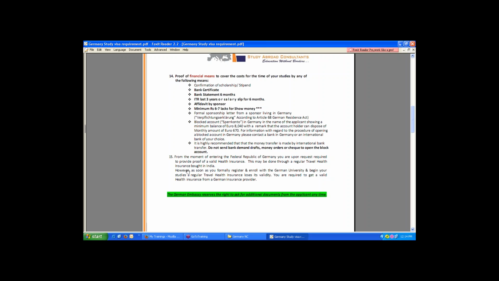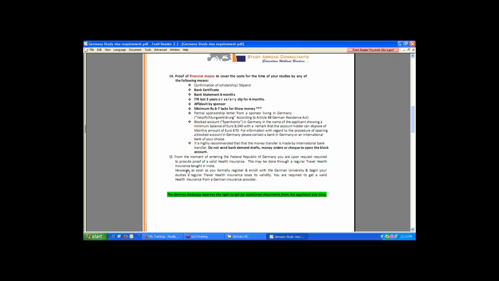The most important documents for Germany are financial documents. In case the student is not working and does not have any source of income by themselves, in this case a third party can sponsor the student.